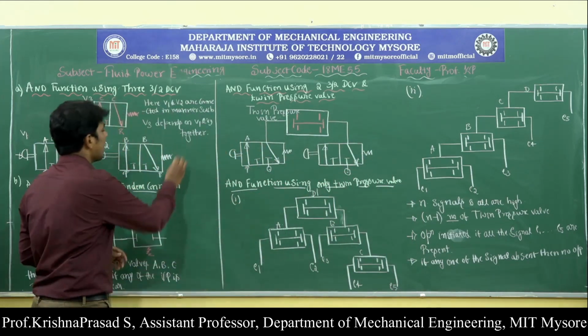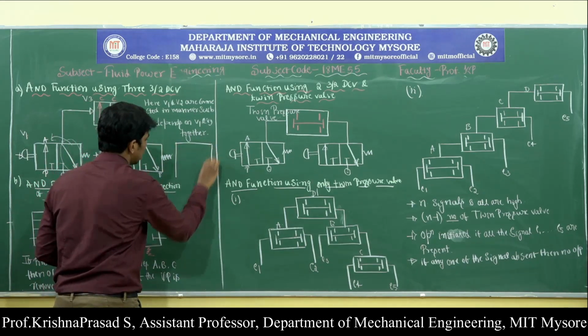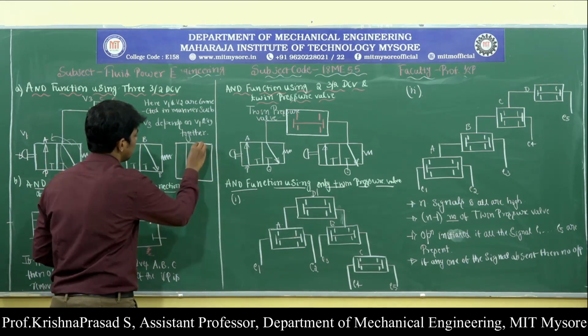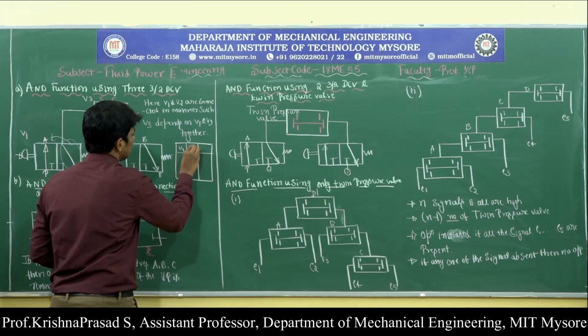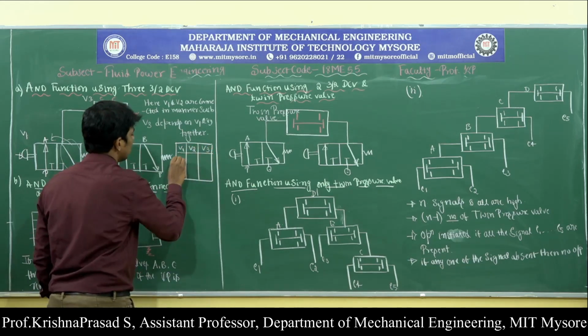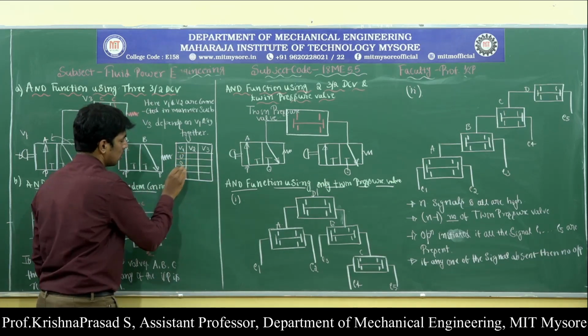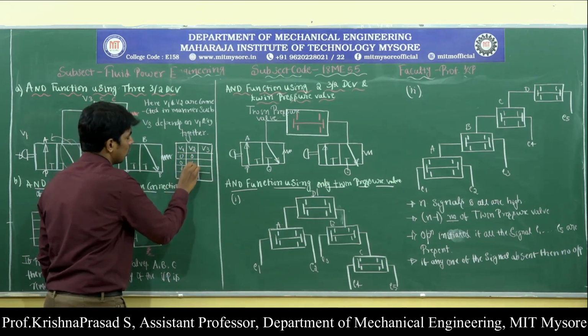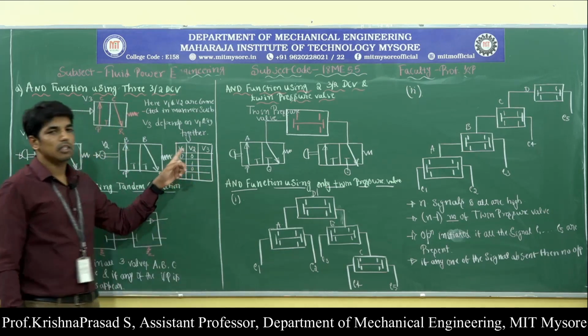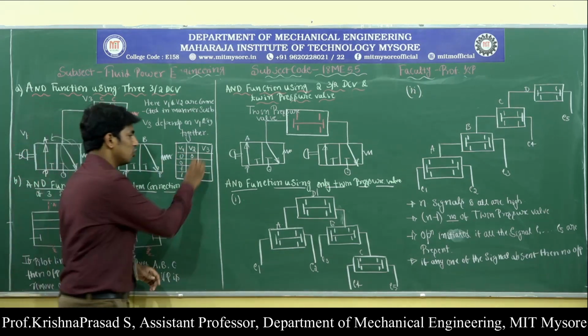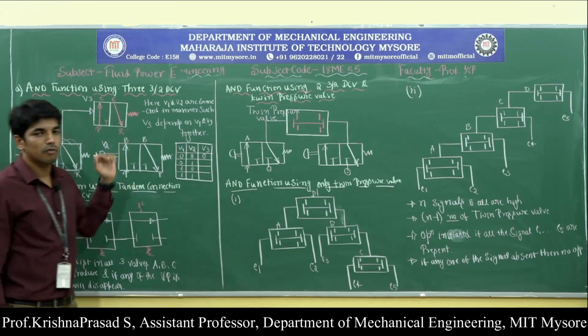That means it again acts as the AND gate itself. Observe here V1, V2 and V3. If valve 1 as well as valve 2 are not activated, then no signal is produced at valve V3.